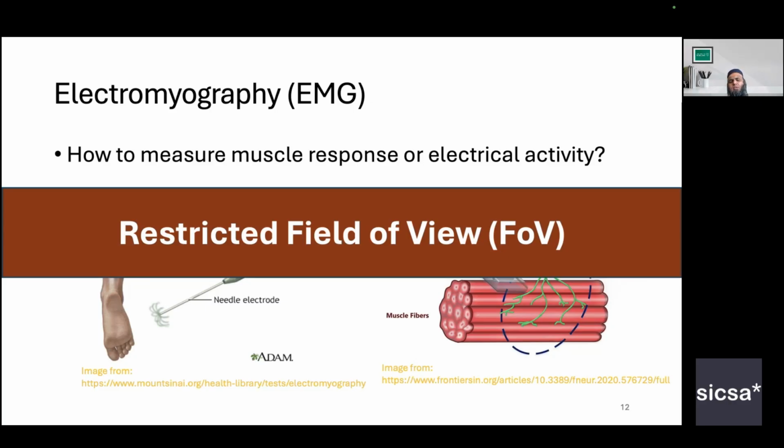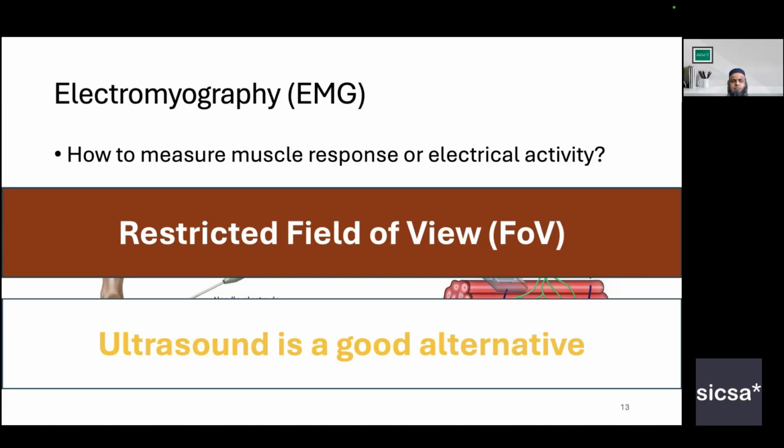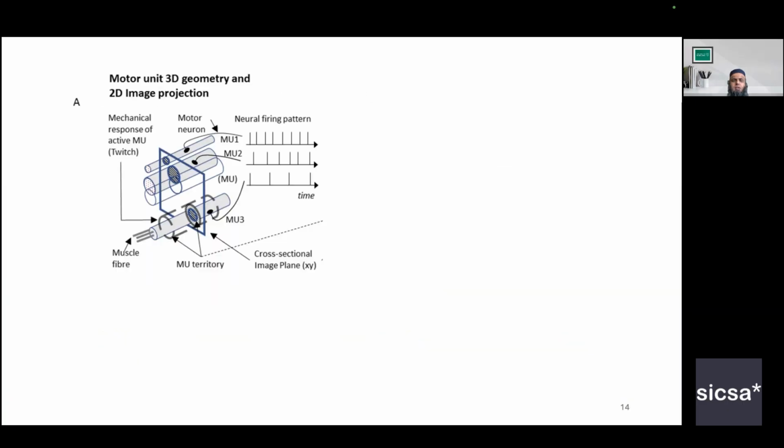If you look at the needle method, basically you are looking at a very small point at a time. And likewise for the surface electrode, again, you are covering a very small part of the skin. So we believe that ultrasound can record a much broader view and it can be a good alternative. And another benefit that it brings is that it is non-invasive. You don't rely on inserting a needle under the skin.